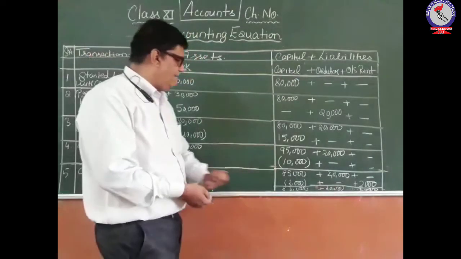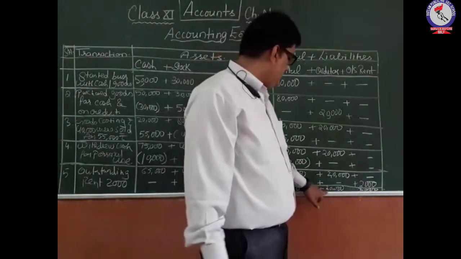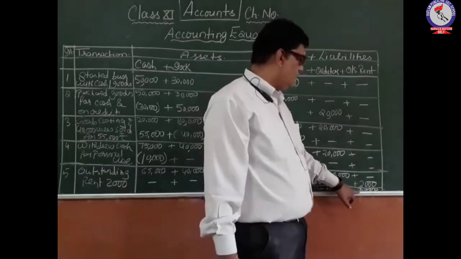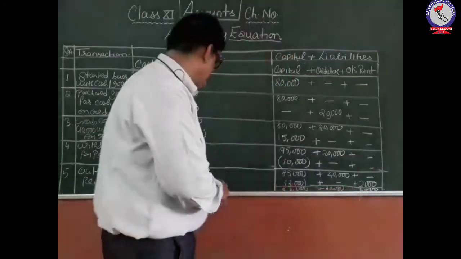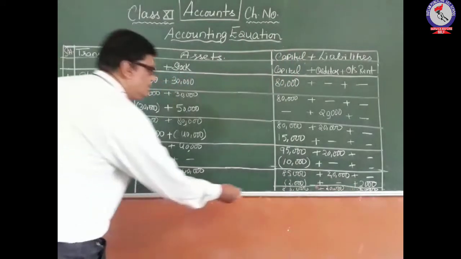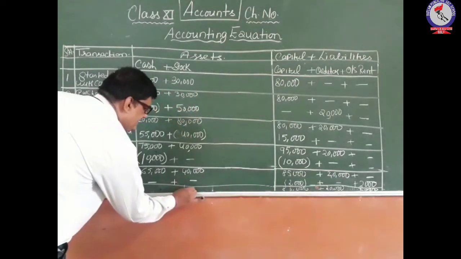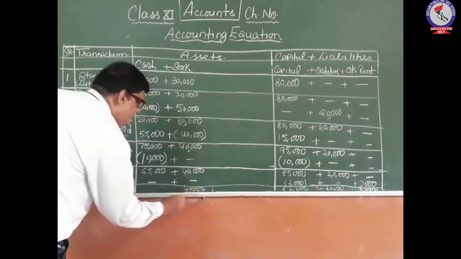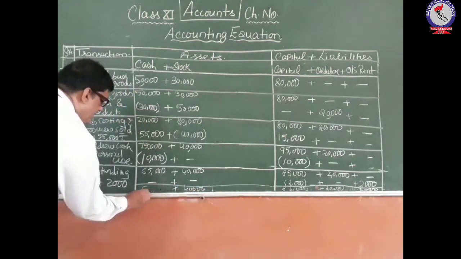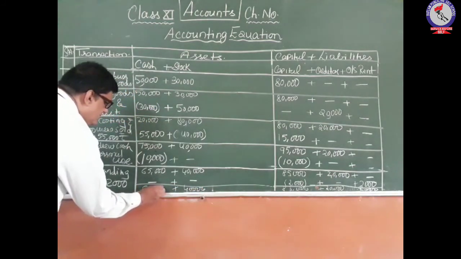So total of liability 83 plus 20 103 plus 2 105, 1,05,000. So here also the total 40 will remain as it is, no change. 65 will remain as it is. So there is also no change.